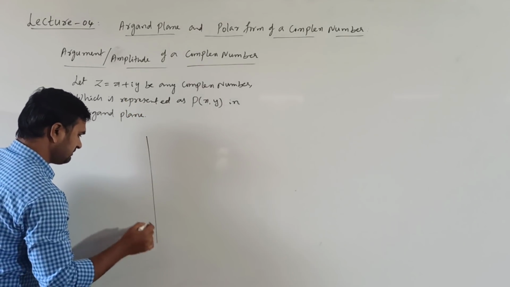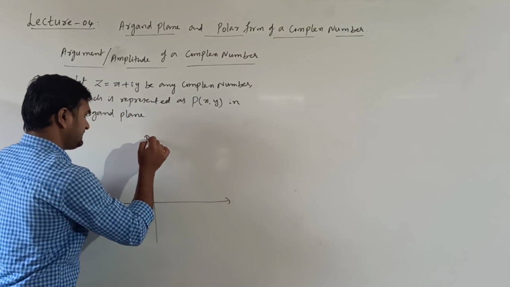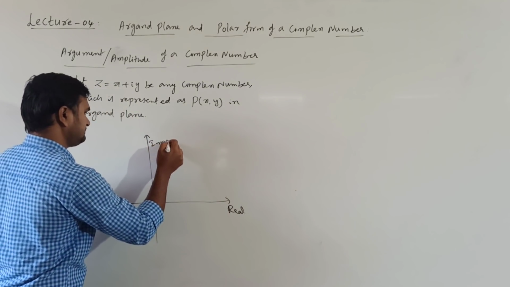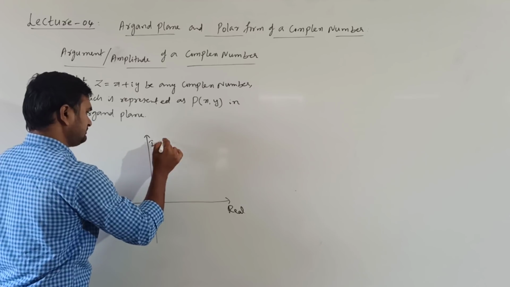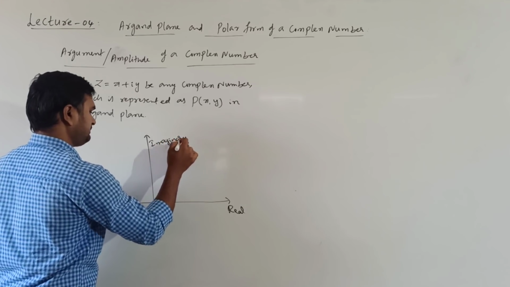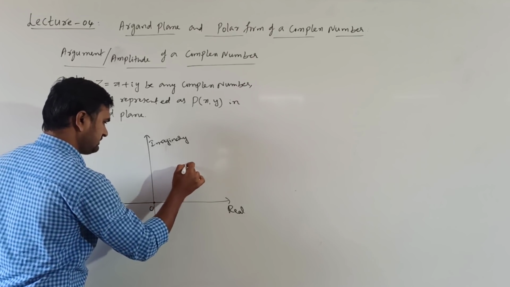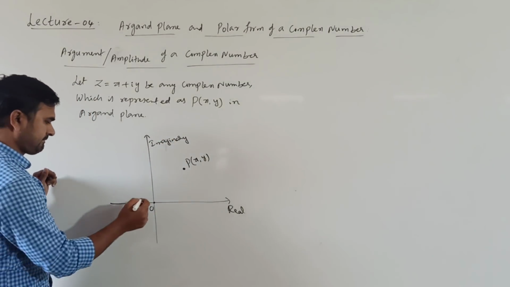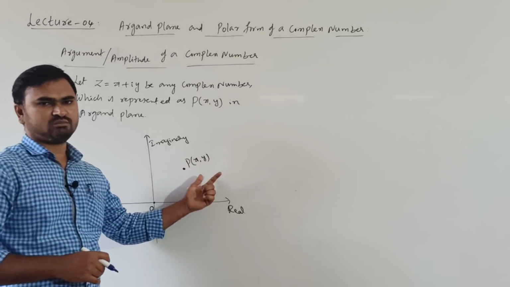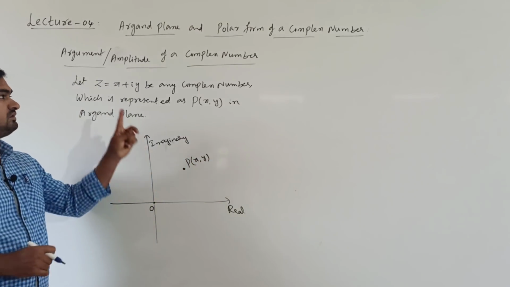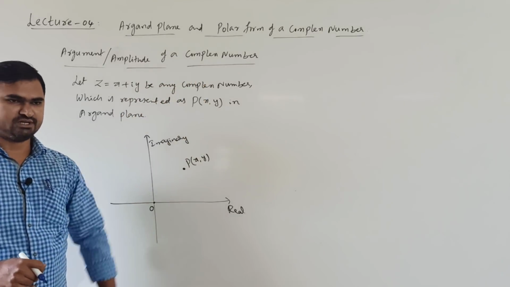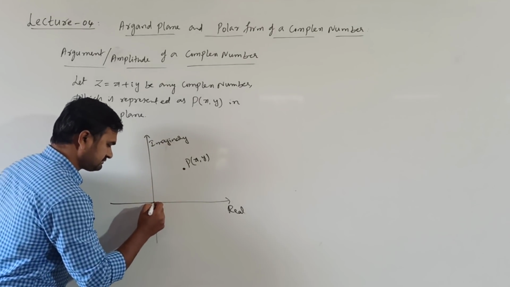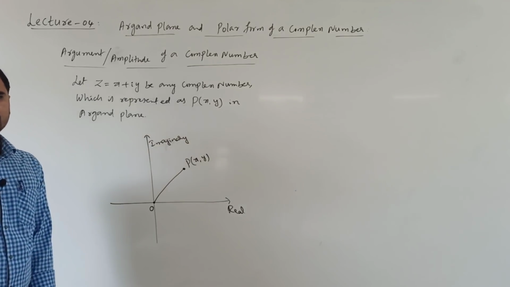So again we are taking a complex number and representing it as a point in the Argand plane, with real axis and imaginary axis. Suppose this is a point P which corresponds to the coordinates (x, y). We know how to represent a point in the Argand plane. Now the argument or amplitude of a complex number is defined as follows: if I join the point P with the origin, this is the line joining the origin.